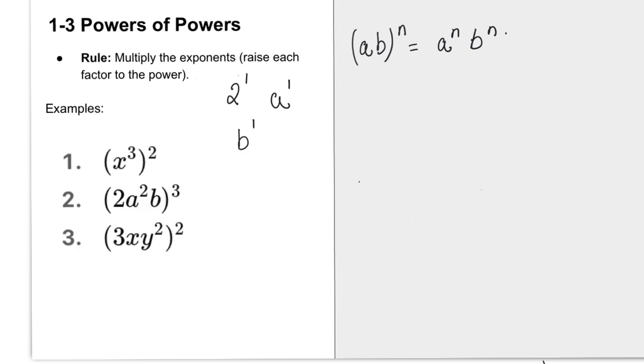Here's something for you to remember, as well: a raised to the n power, and this is raised to the m power, means you have to multiply n times m. There you have it. So again, one of the biggest errors that my students make is not raising each factor to the power that they see outside of the parentheses, so make sure you are doing that when you have multiple factors in your expression.